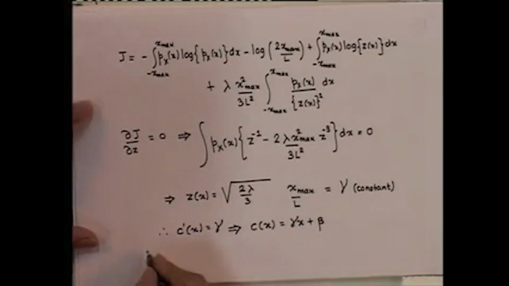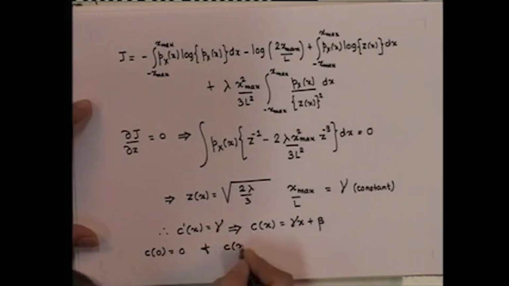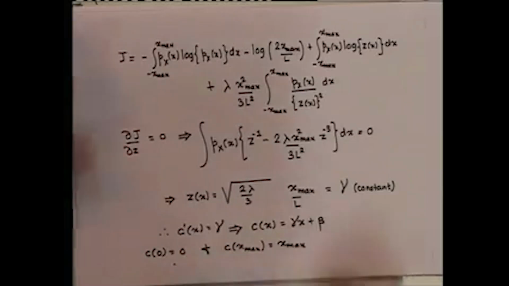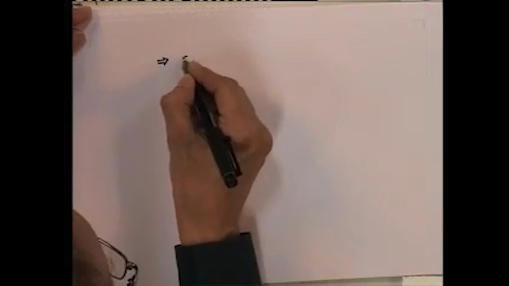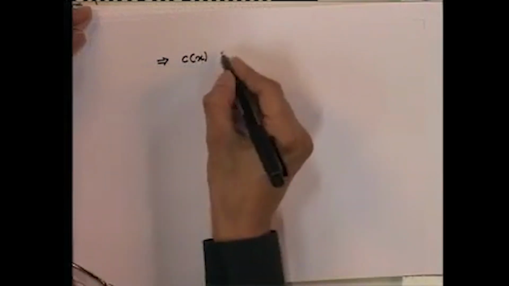And since we are given the initial conditions as C 0 is equal to 0 and C x max is equal to x max, this implies that the compressor characteristic is C x equals x.